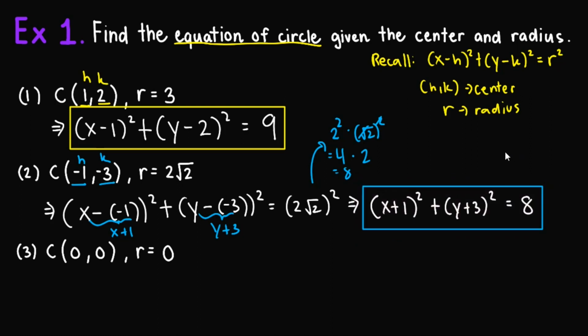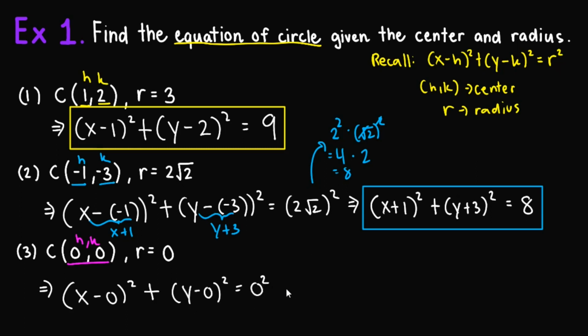There. Now let's go on to our final example. In here, we are given again the center and the radius, so we plug it into this one. So we'll have here (x minus 0) squared plus (y minus 0) squared equals 0 squared.